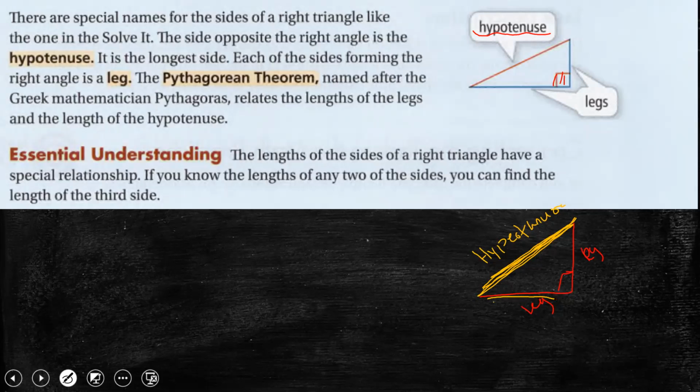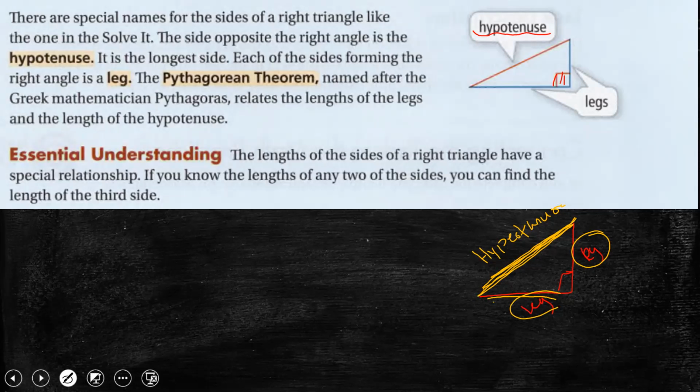Now, if I know the length of the first leg and the length of the second leg, and I want to find the length of the hypotenuse, how can I solve it? What can I do? I will use the Pythagorean theorem. So the Pythagorean theorem helps me to solve the right triangle.